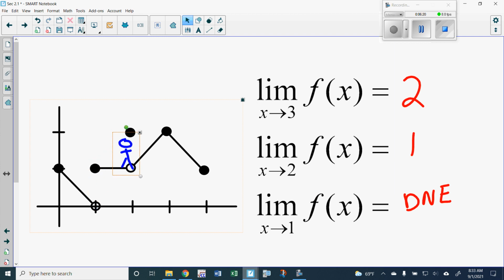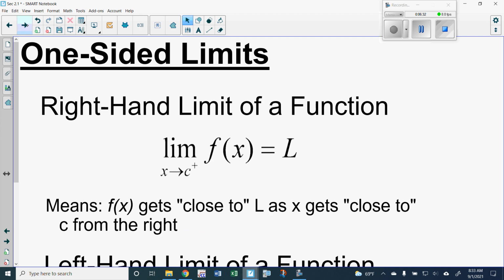Over here, he's getting close to 1. So we have different limits, right? No. What that's actually going to lead us to is one-sided limits. A right-handed or a left-handed limit.